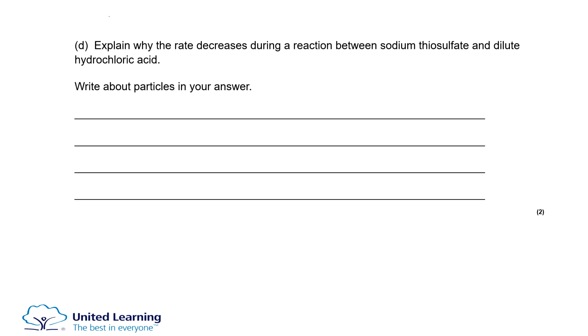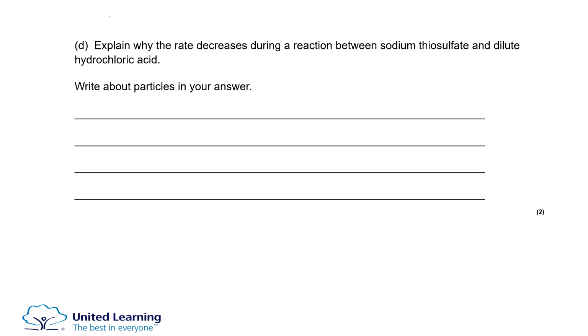And so this particular one is asking why the rate decreases. And the rate decreases because there are less active particles per unit volume. That's a phrase that you could really do with remembering, because it gets to the point, and it adequately explains that it's the number of particles in the volume of substance that you've got. So it reflects the ratio that you're trying to speak about. And then because of the lower concentration of sodium thiosulfate, the frequency of collisions decreases.